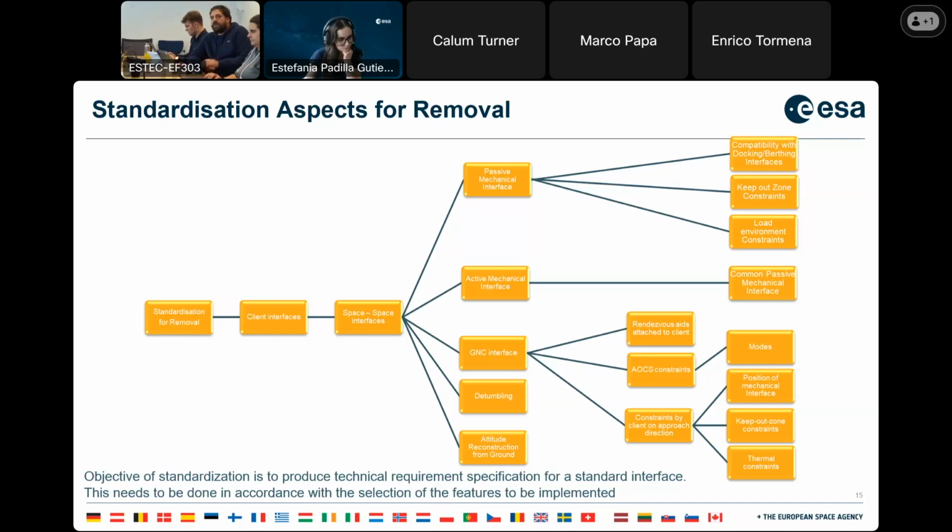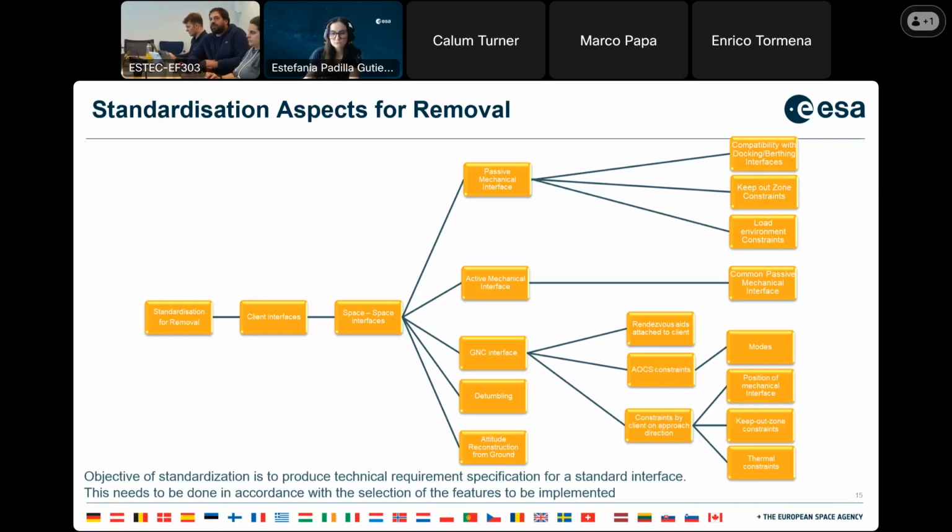Talking just a bit regarding the GNC interface, for sure one of the most important aspects that need to be considered are the parts related to the rendezvous dates attached to the client. Another point that is worth mentioning is all the constraints related to LCS.